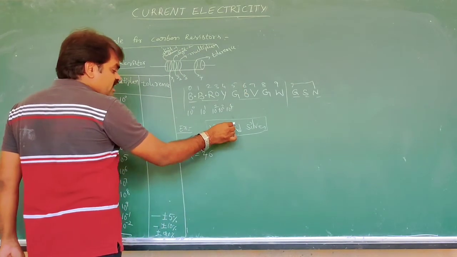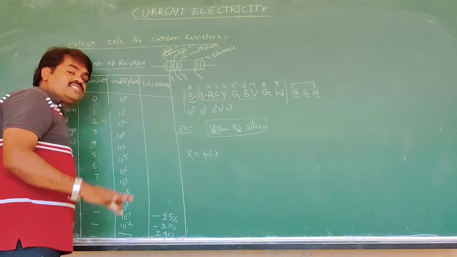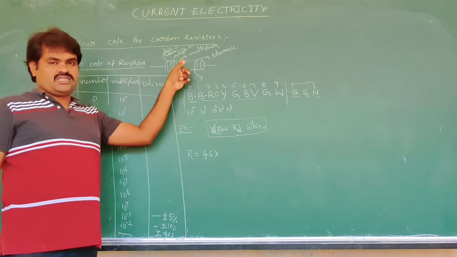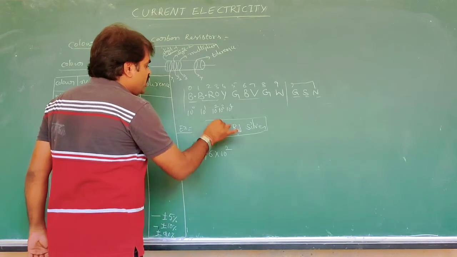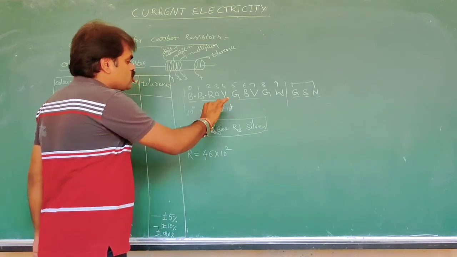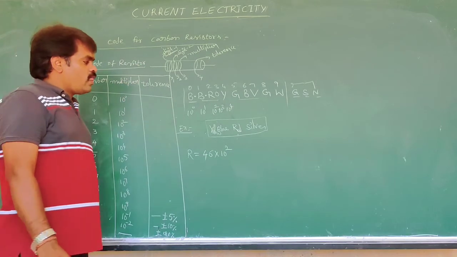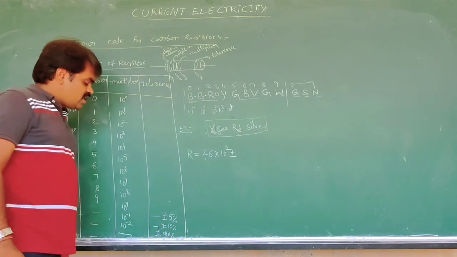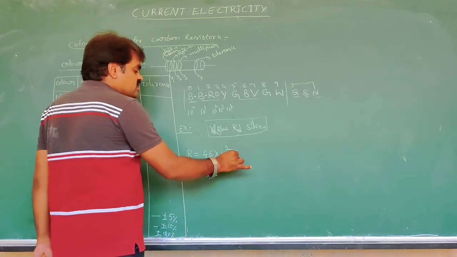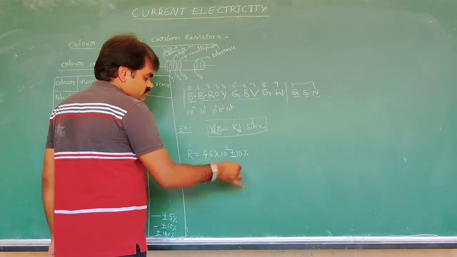Red is the third band. The third band is the multiplier, remember it. Red is 2, so the multiplier is 10 to the power of 2. And silver is the tolerance, plus or minus 10%.